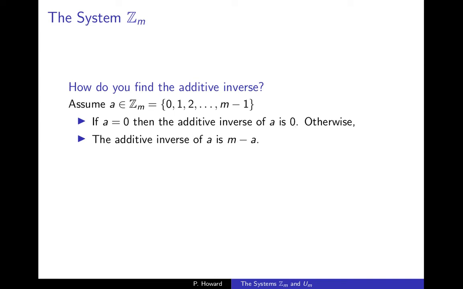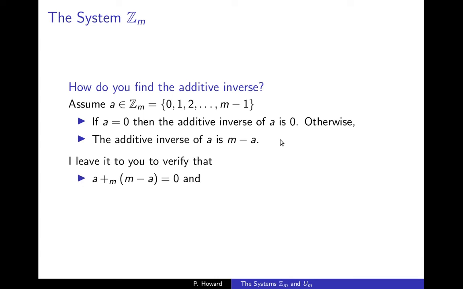And the other case isn't much harder. If a is not 0, then the additive inverse of a is going to be m minus a. So for example, when m was 7, and we were looking for the additive inverse of 4, we could have calculated 7 minus 4 and gotten the 3.